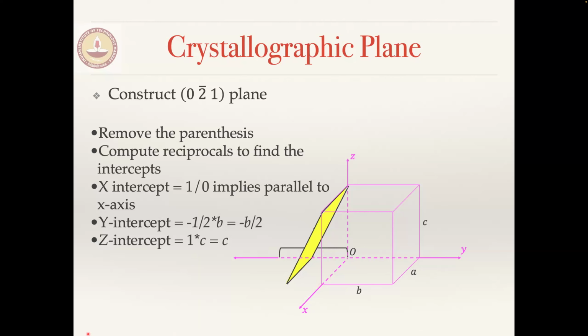In this corner, the shaded portion, it intersects at 45 degrees, inclined to the axes, at a by 2 and b by 2. That is my 110 plane.